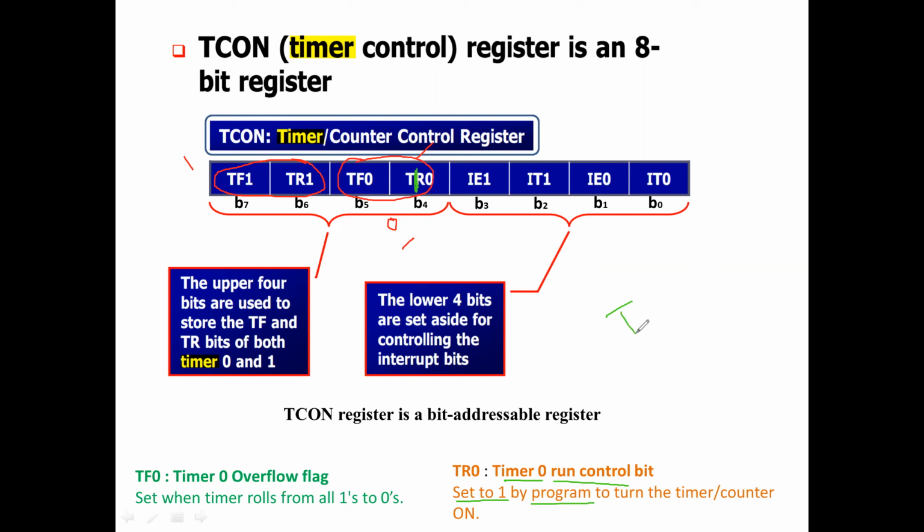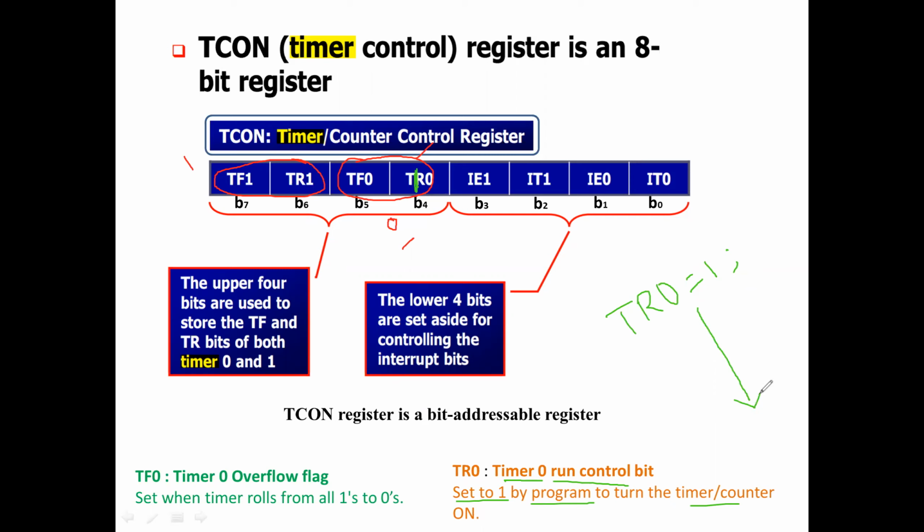In a C program, you can simply use TR0 equal to 1. Fine, it's over. Now the timer will start to run. That particular timer will be on. Once it is on, the timer will start to run.